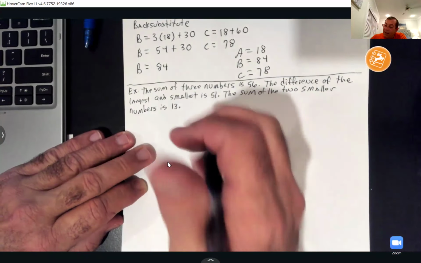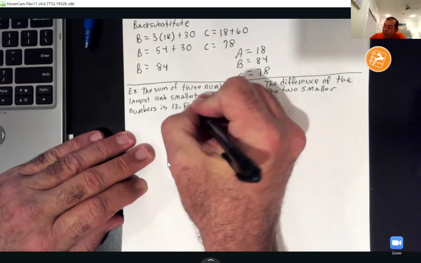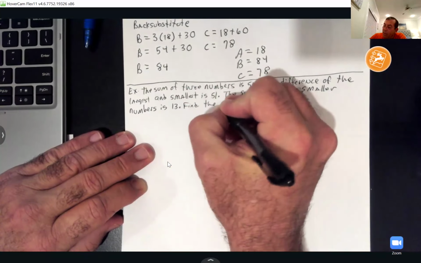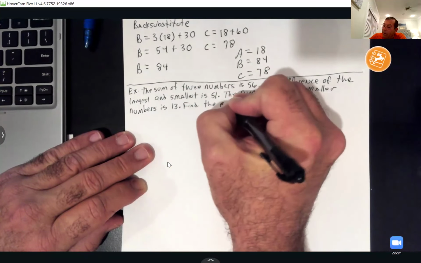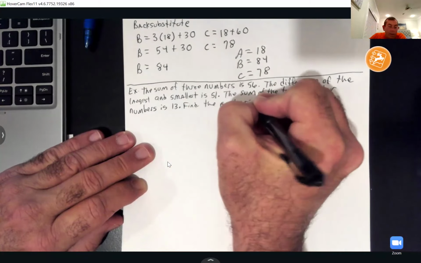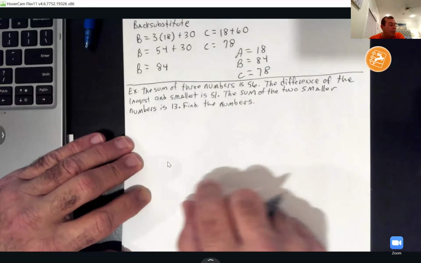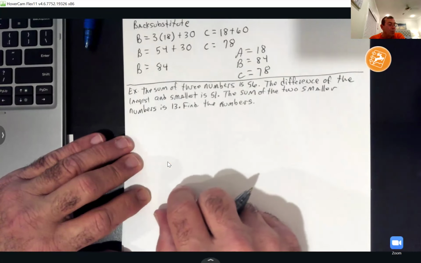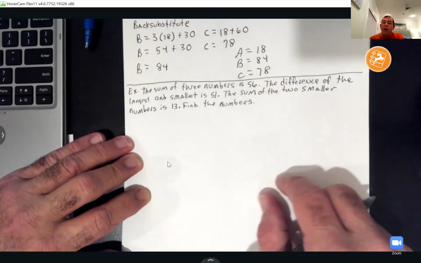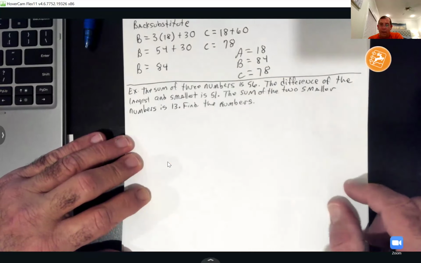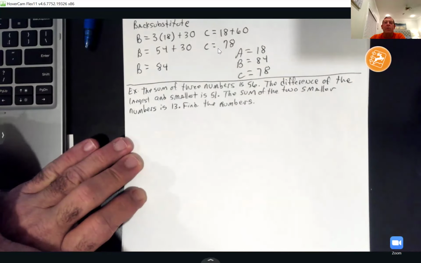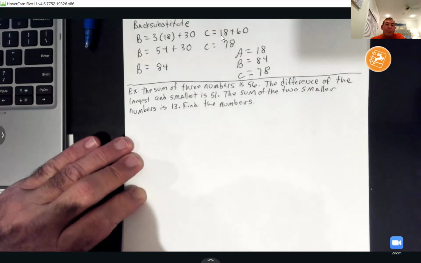So now they say, find the numbers. Now, this one, MathLab always, on the answers, it'll say the numbers from largest to smallest are, and then we put them in order, okay? So these, they do ask for a specific order when you put them in the answer blank.